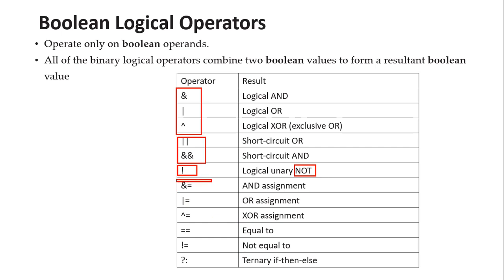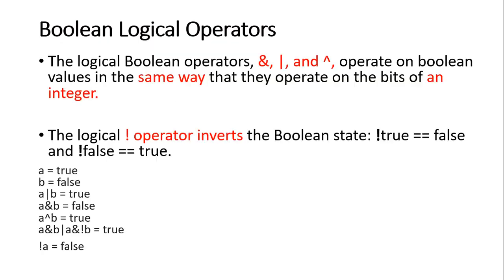Followed by that, you have the compound expressions, that is and assignment, or assignment, XOR assignment, and so on. Finally, we have the ternary operator, which is the short form for if then else. Let's look at the Boolean operator.